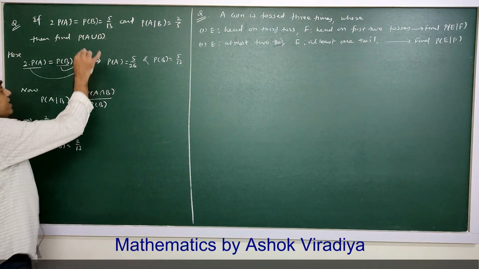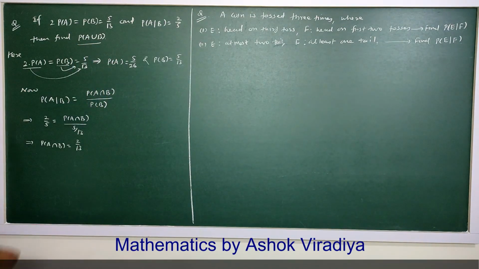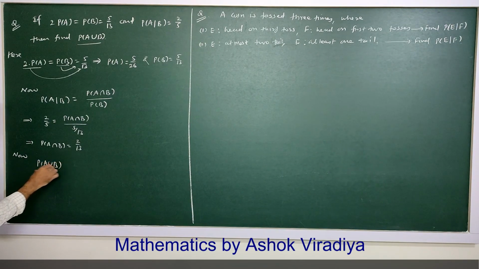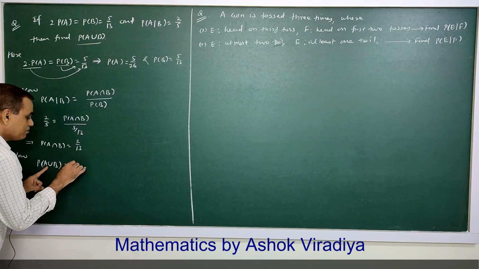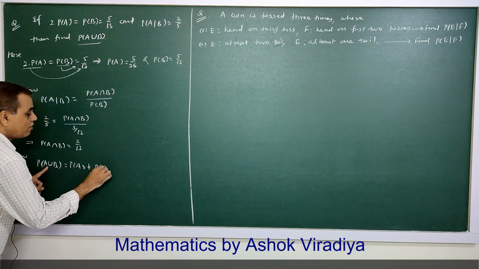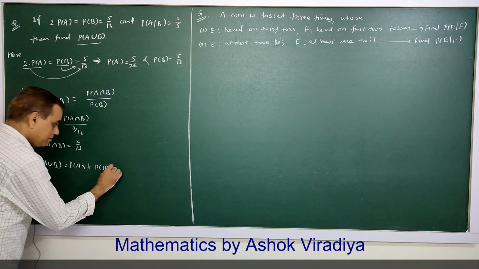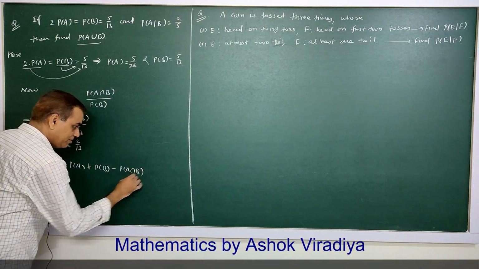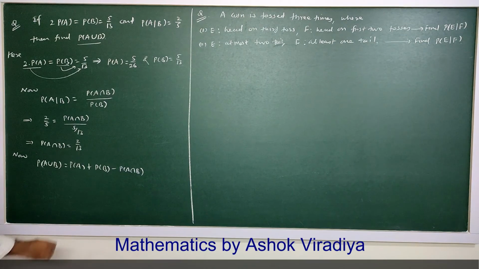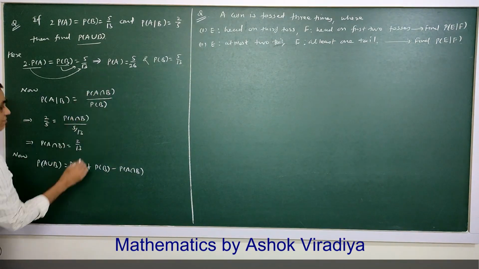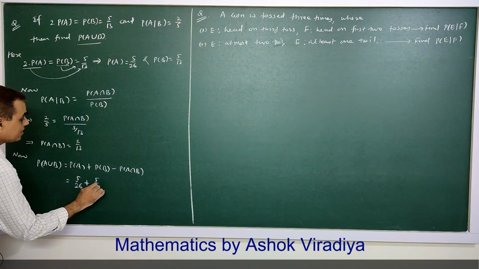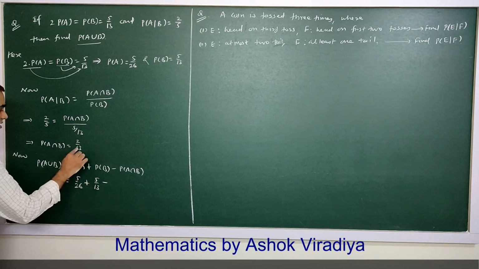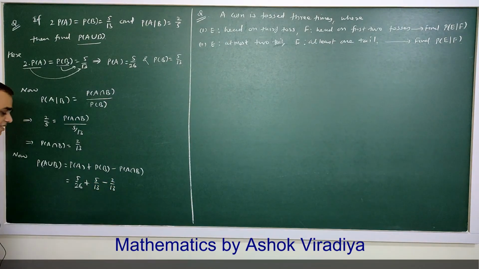We are asked to find a probability of A union B. Now, probability of A union B, we know basic formula. P of A union B is P of A plus P of B minus P of A intersection B. P of A is 5 by 26 plus P of B is 5 by 13 minus this is 2 by 13.